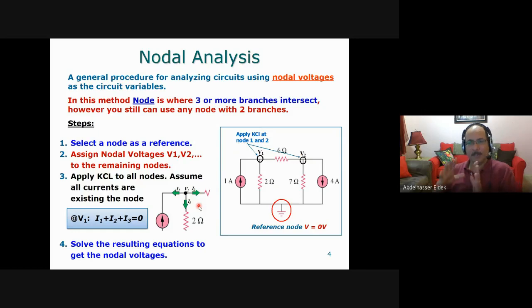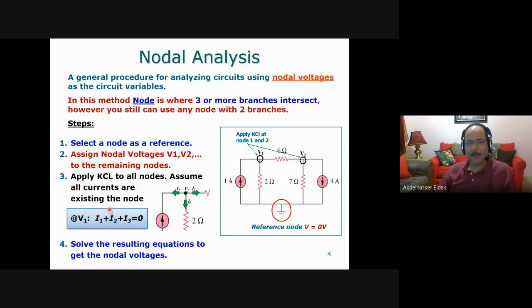So to make it easy, for each node, you assume that the currents are exiting the node, which of course is sometimes not right. But you add the currents exiting the node. That's it. So it will be I1 plus I2 plus I3 equals 0. Same for V2. For V2 also, assume that you calculate this current plus this current plus this current, the total will be 0. So the question here is how can you calculate these currents?